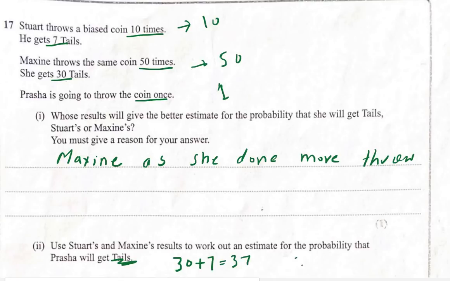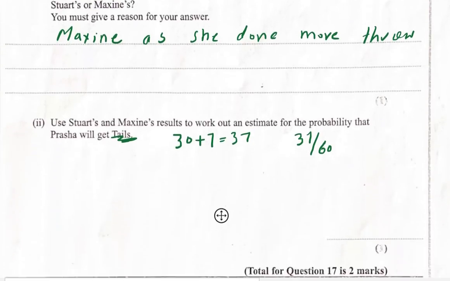So they got 37 tails out of how many trials? 50 plus 10 is going to be 60. So this is 37 over 60. Hope you understand this one. You're asking for tails, so 37 tails out of 60 trials. This is the answer. Next question.